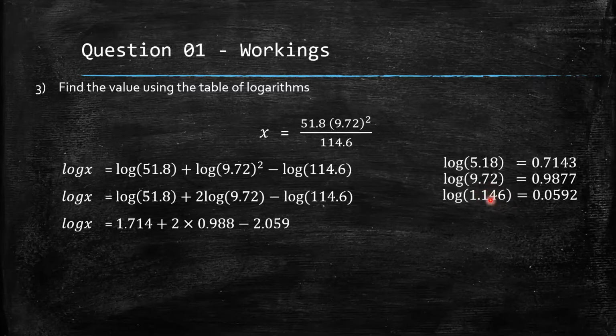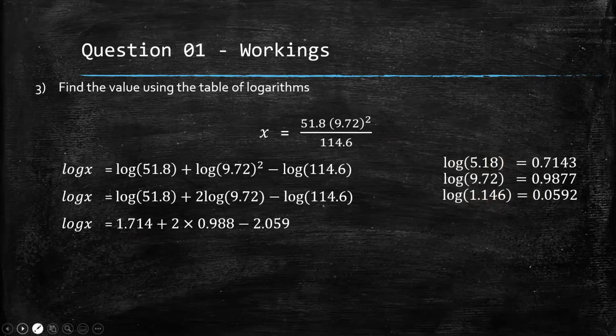It becomes 11.46, 114.6. So you need to add 2 here. For 51.8 you just put 1 here, since you have shifted your decimal by 1 point, and here you have shifted by 2 points, so you put 2.